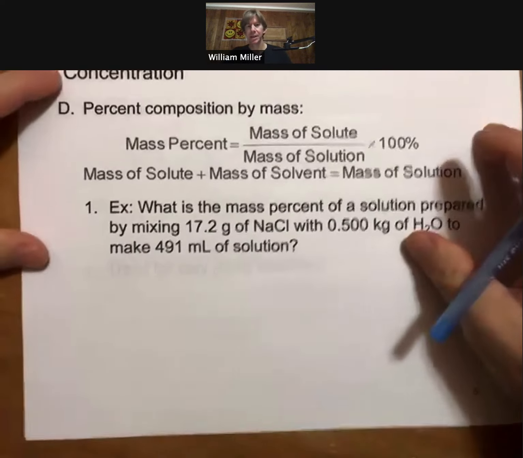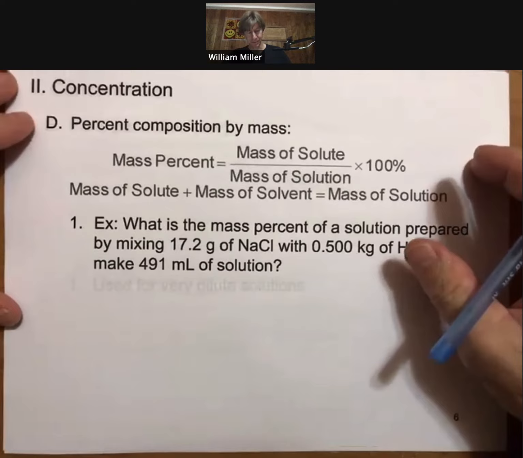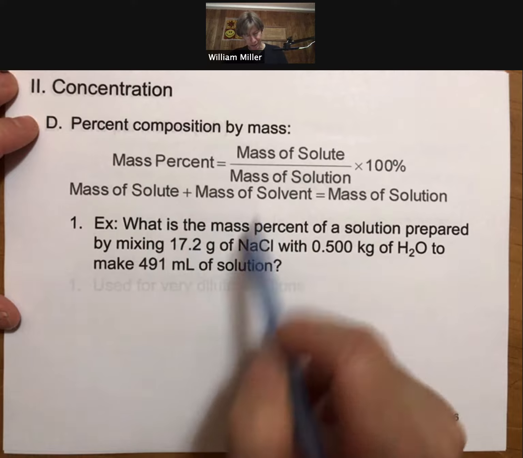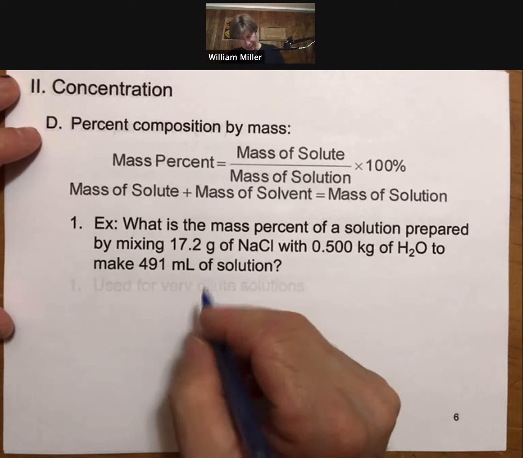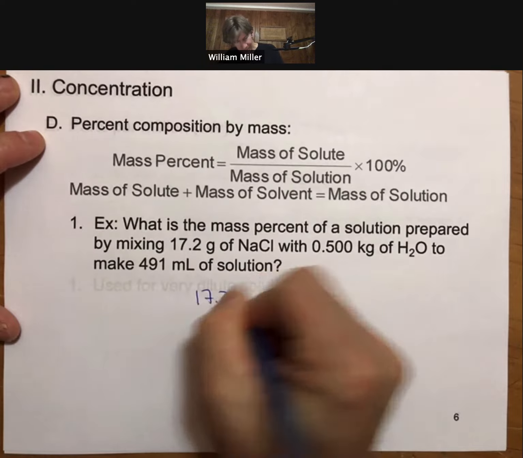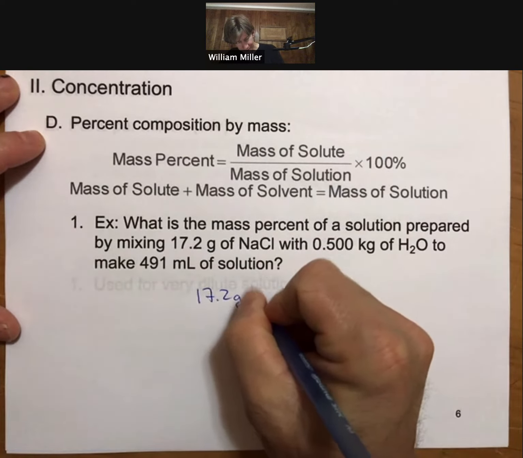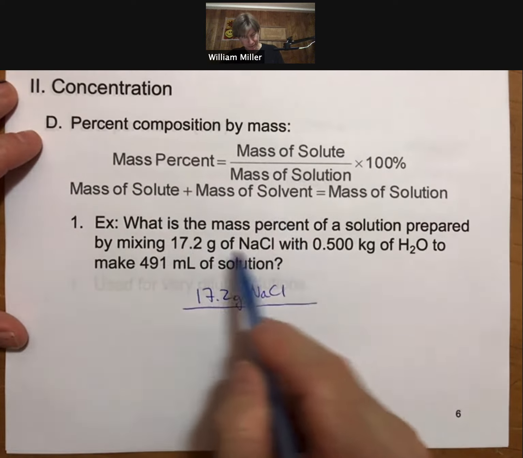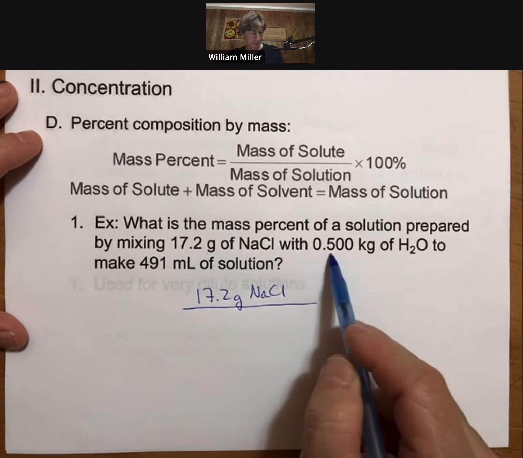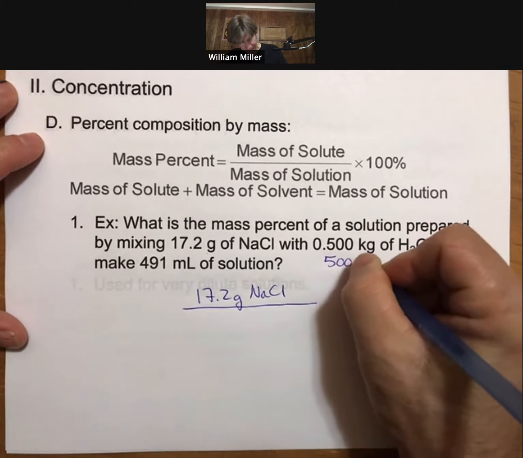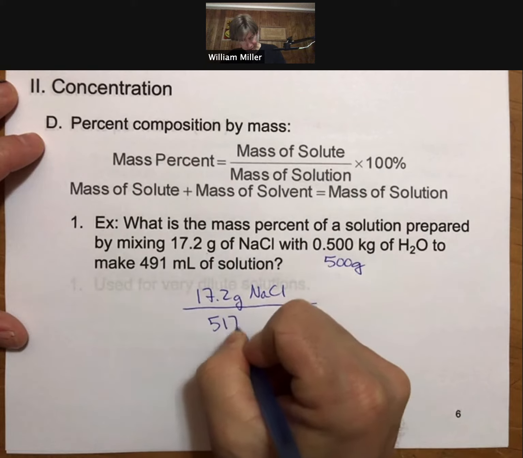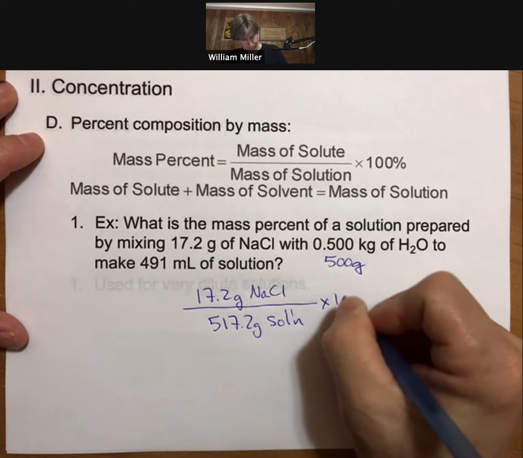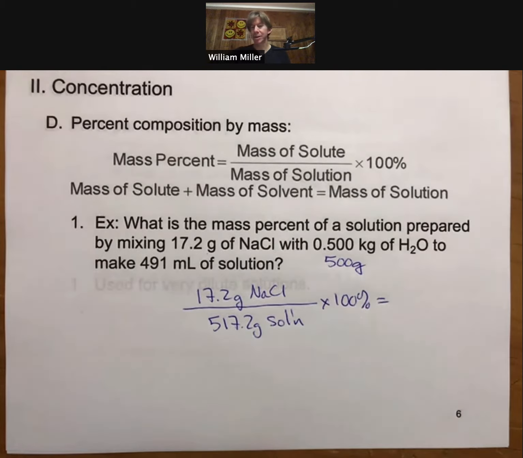While we're here, let's revisit percent composition by mass, and do the same problem where this time it's going to be mass of solution on the bottom, which is the solute plus the solvent. And it's all masses. So mass of solute, 17.2 grams, over solute plus solvent. So 17.2 grams plus 500 grams, and we get 517.2 grams of solution, times 100%.